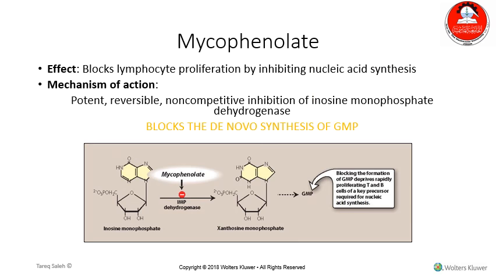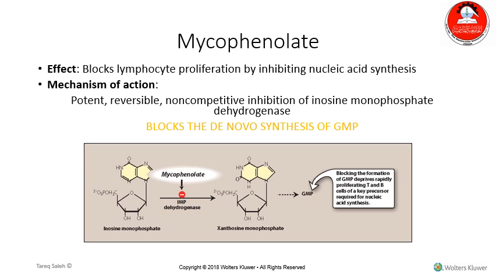On the other hand, mycophenolate blocks effective lymphocyte proliferation by interfering with the de novo synthesis of nucleotides. That means that it will deprive the cells, or will reduce the amount of nucleotides available for DNA synthesis.